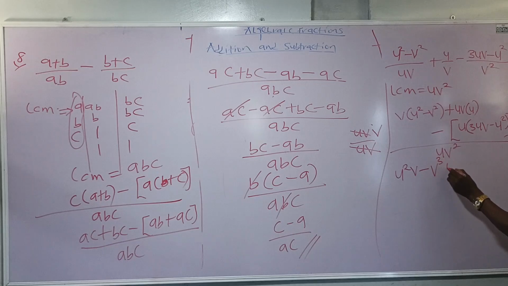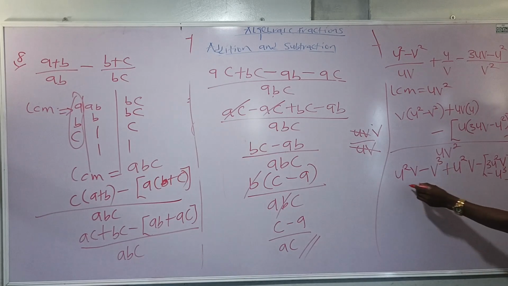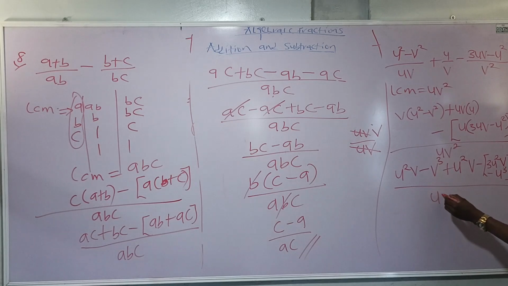V cube, plus uv times u will give me u square v, minus in brackets u times 3uv will give me 3u square v, minus u times u square will give me what? U cube, all over uv square.